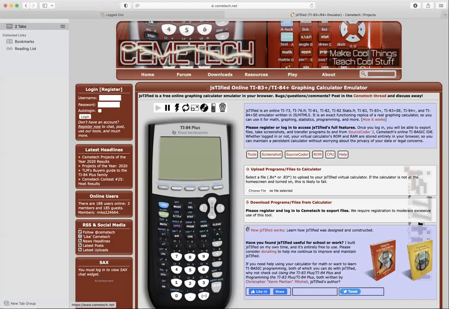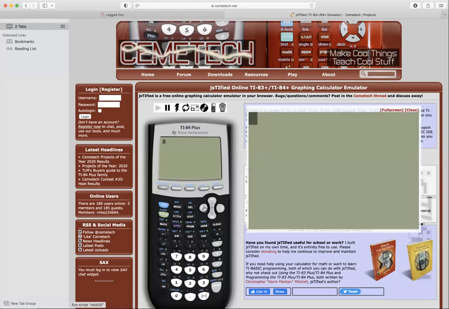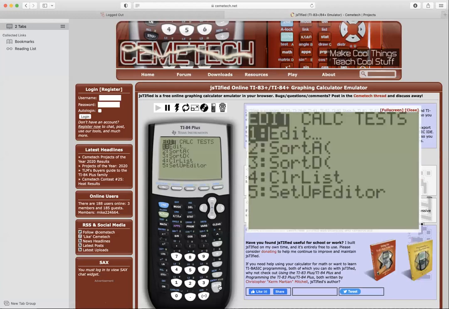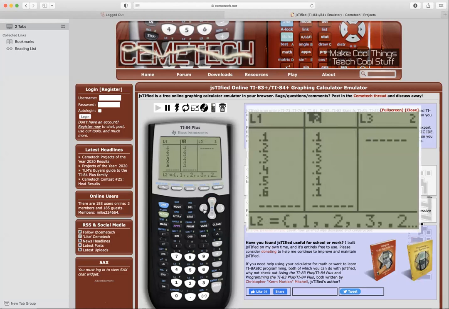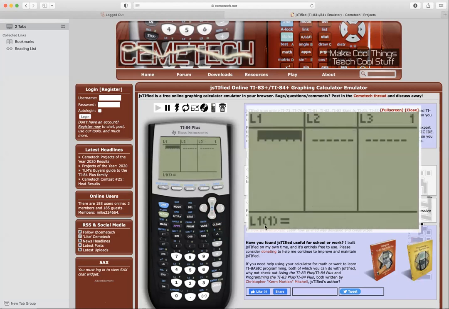Okay. So basically, you plug the values here. You go to stats, edit, and then you clear this up first. Clear. And then you clear here, and you put your values, right? So x is 7, 8, 9, 10, 11, 12, 13.